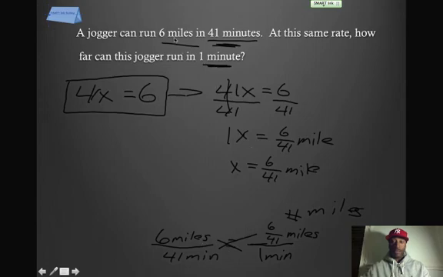I got my information right here, 6 miles in 41 minutes, set up my left side, and then it said at this same rate, how far can this jogger run in 1 minute? So my minutes are on bottom here, so I got to keep my minutes on bottom on this side of the proportion. So in 1 minute, the jogger runs 6 over 41 miles, which is not even a full mile.